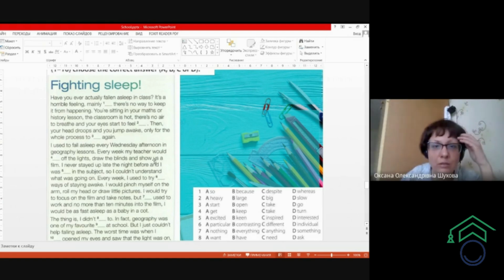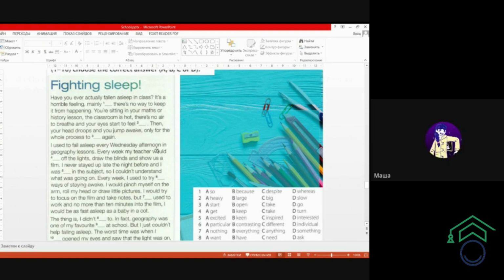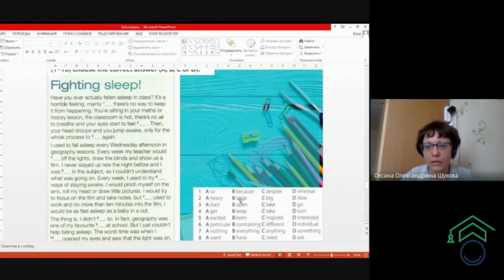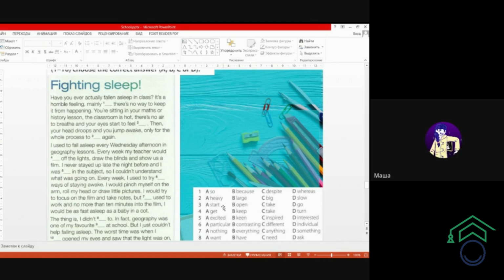Абсолютно вірно. Добре, далі. You're sitting in your math or history lesson, the classroom is hot, there is no air to breathe, and your eyes start to feel heavy. Heavy. Окей. Так, чому ви обрали саме цей варіант? I think it's also a set phrase, and it makes sense. Like, eyelids start to feel heavy as you can't open them. Окей.